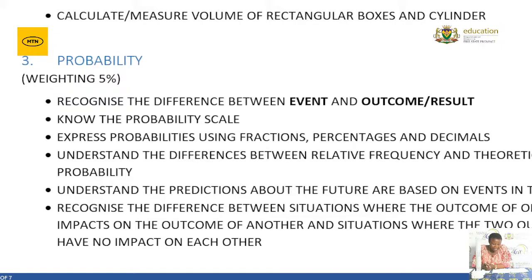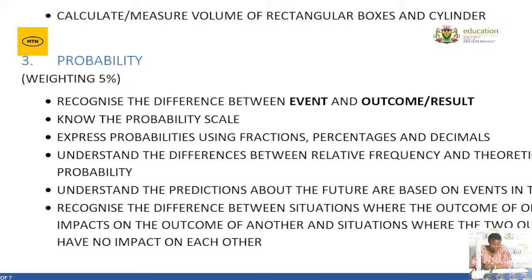Like your dad at home has a spanner and other substances that are used at home, they can be stored in those rectangular boxes. And an example of a cylinder can be a can of Coke. And the other calculations are measuring the volume of rectangular boxes as well as cylinders.